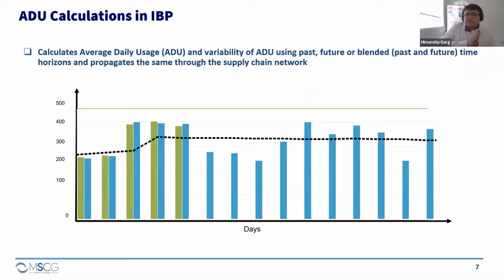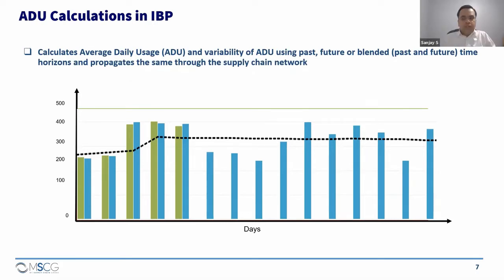So DDR calculates average daily usage and variability of average daily usage using the past and future sales, or it can do it using a blend of the two time horizons, past and future. It is an average over the past and future horizons as defined in the system. So you can define how much past horizon and how much future horizon the system has to take for each data point, being product and location in this case.